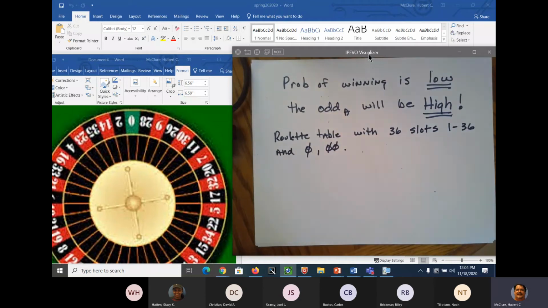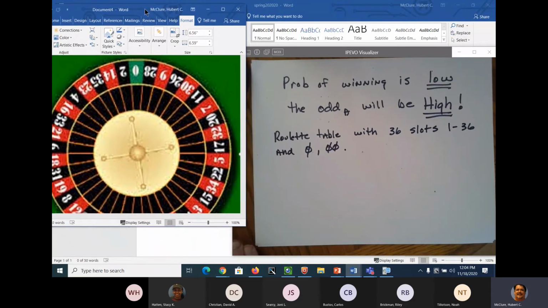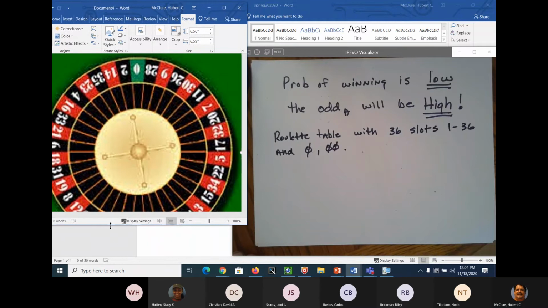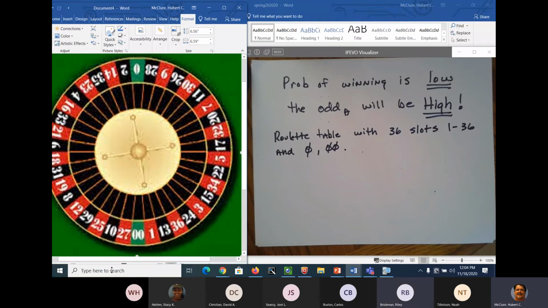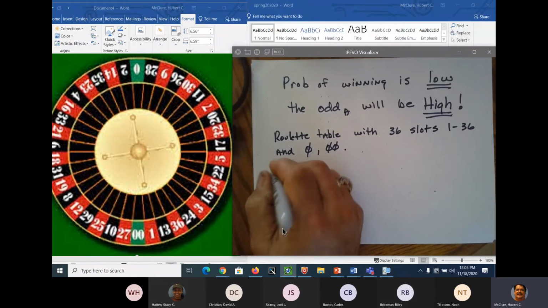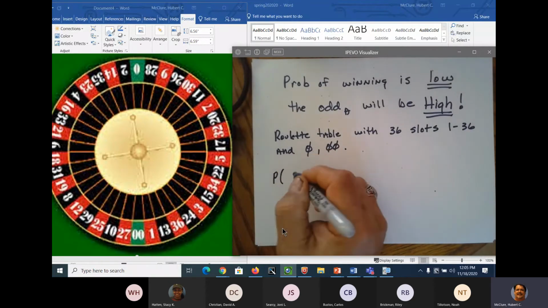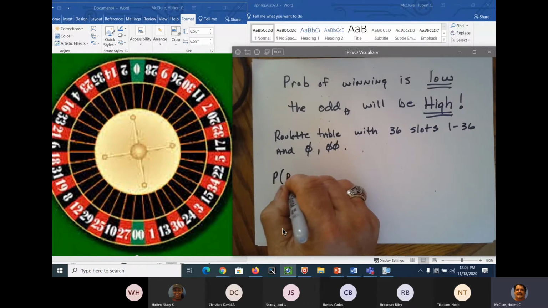Does everybody agree with that statement? Does everybody agree that I have a 0 and 00 on this roulette table? Yes. Okay. So I want to know the probability. What will happen if I put my money, I put $50 on red.